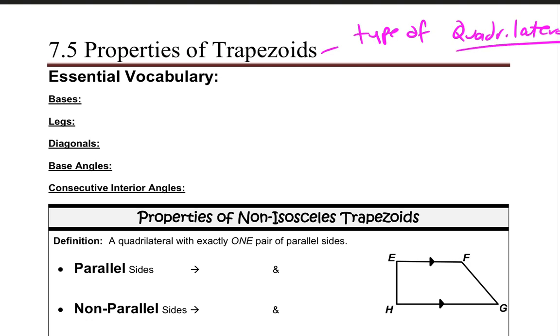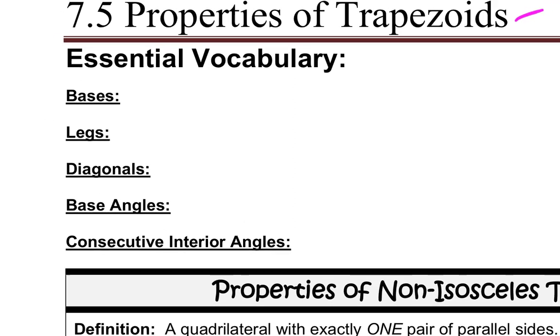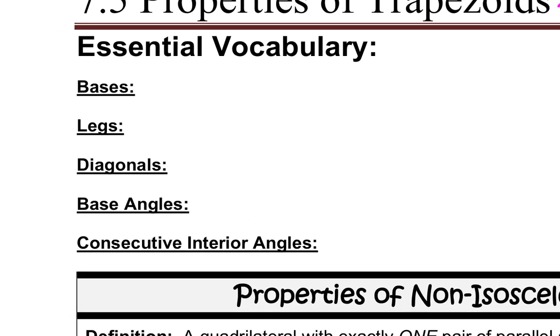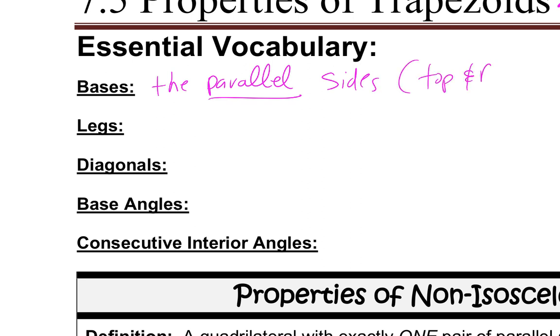Quadrilateral, right? We talked about what quadrilaterals are last time, which means four sides. So some essential vocabulary. The first one is bases. The bases are the parallel sides, and those are usually the top and bottom.